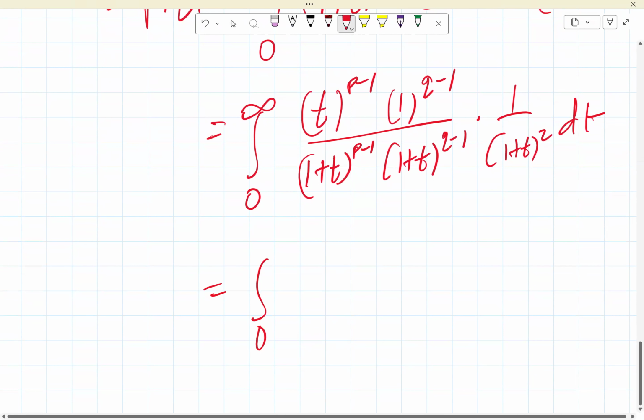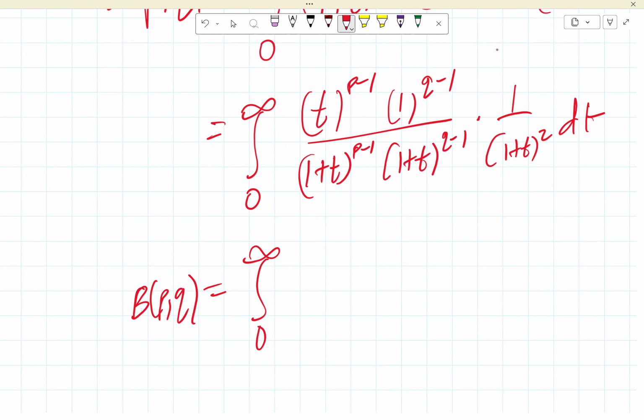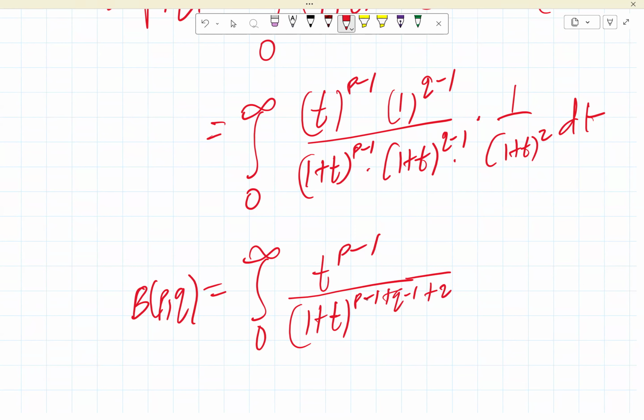So we have the integral from 0 to infinity as beta of p comma q now. If you put all of this together, you can add the powers. So you have t raised by p minus 1, and 1 raised by q minus 1 is simply 1. Then down here you have 1 plus t raised to power, adding all these three together, p minus 1 plus q minus 1 plus 2. That's all the powers because everything is 1 plus t.